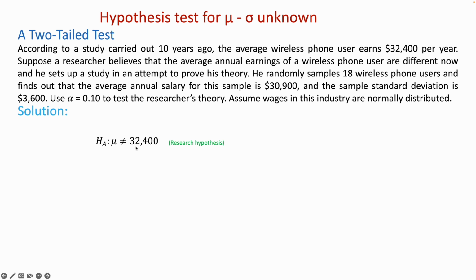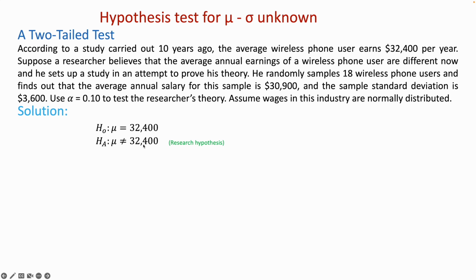The opposite of this, if this is not equal, will be equal. Anytime that the hypothesis has an equal, it will be a null hypothesis. So the null hypothesis will be mu equals 32,400. The alternative hypothesis tells me that mu is different than 32,400.